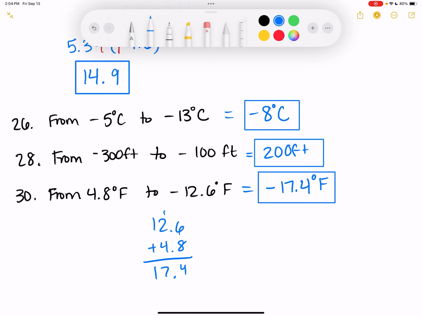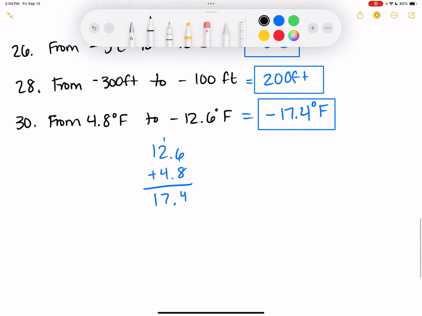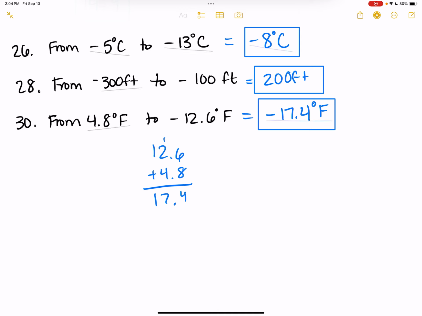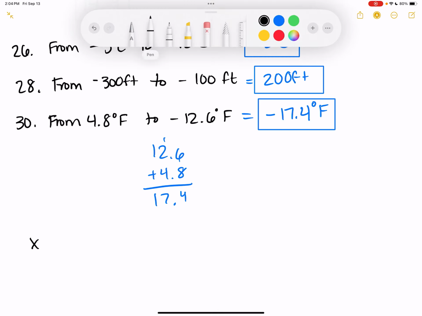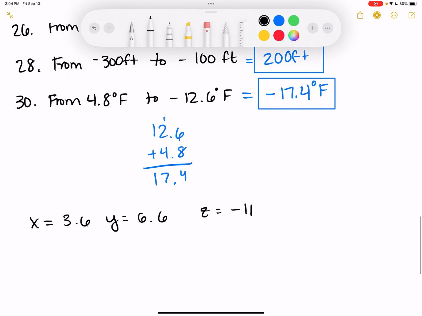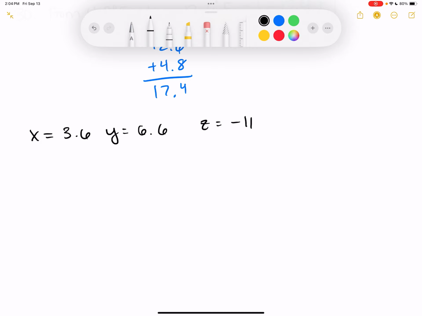Got 2 more, and then we'll be done. Number 32. These ones give us, we're solving when x equals 3.6, y equals 6.6, and z equals negative 11. So number 32, in parentheses, x minus y, and then minus the absolute value of z.